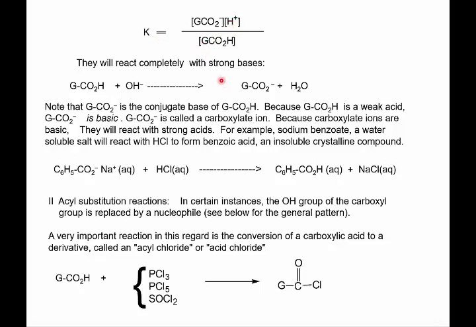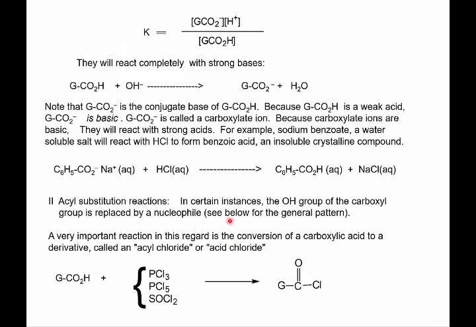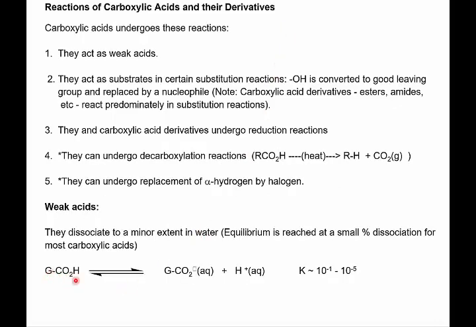When the carboxylic acid is placed in water and dissociates, reaching equilibrium, if we measure the equilibrium concentrations of the species in solution, moles per liter, and you insert those values into this expression and carry out the math, you get a single constant number, which is always the same, irrespective of what the starting concentrations are.